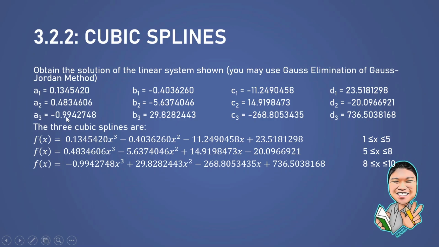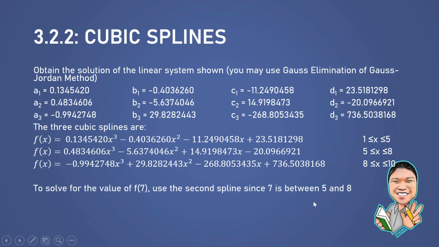The last naman is negative 0.99424748x cubed plus 29.8282443x squared minus 268.8053435x plus 736.5038168. So, ito na yung ating tatlong cubic spline.